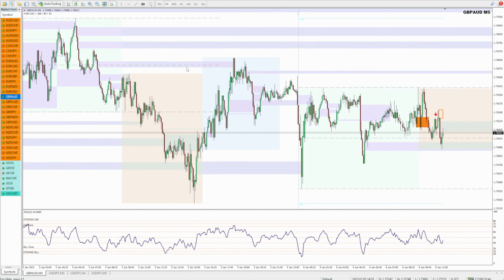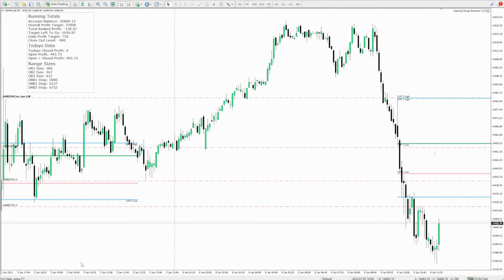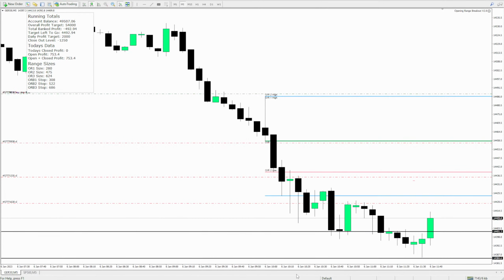The reintroduced break-even feature, does it put each order at break-even, or are all the open orders considered and placed at break-even? It's per trade. Oh, this is version 2.